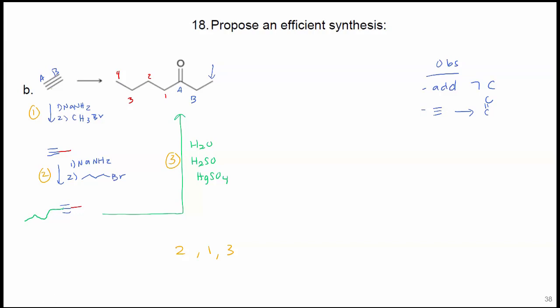If you wanted to go through the alcohol and then make a ketone and then do a Grignard, I suppose you could do that as well. But those would probably take more steps. So this is probably the more efficient way to do this synthesis. Any questions there?